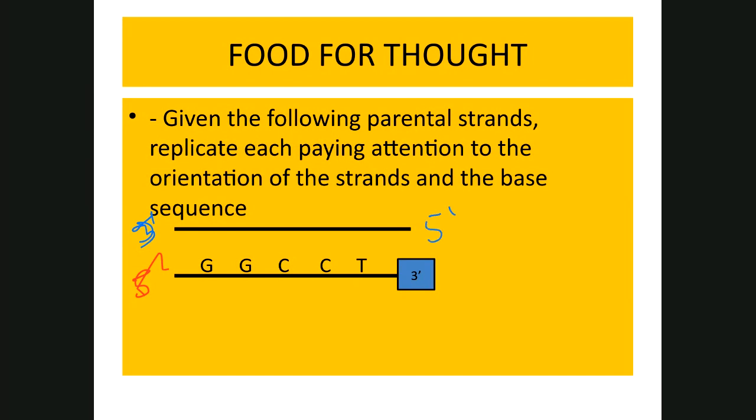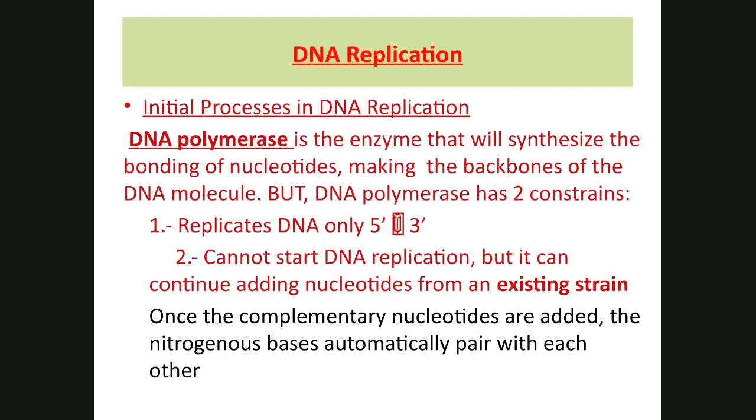And then put in the complementary bases, this will be a C, and a C, and a G, and a G, and an A. And there you have the entire molecule. So expect to do something like that in the test. You should be able to come up with the complementary strand given one copy.